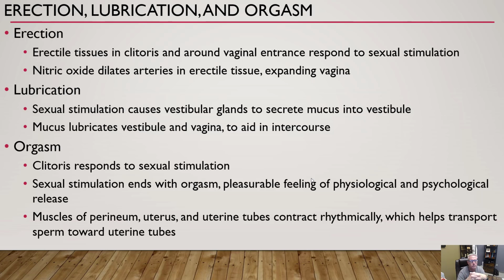And when females orgasm, what the body says is, oh, I need to collect all that sperm and bring that sperm up to as close to the fallopian tube where the egg is going to be, as close as possible. So all of these muscle contractions are going to help transport that sperm towards the fallopian tubes, so that the sperm doesn't have to do as much work.